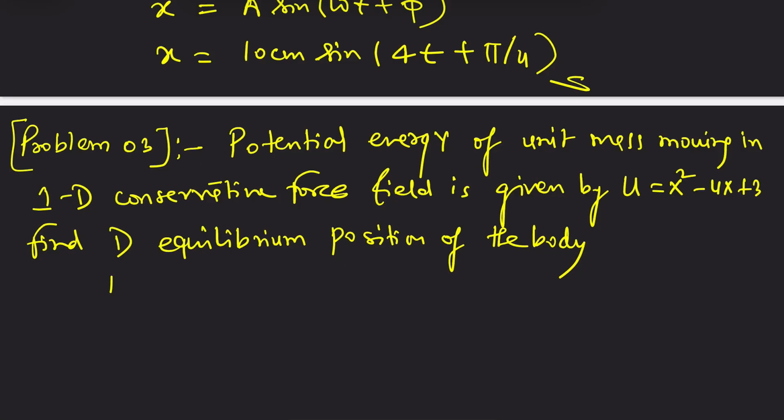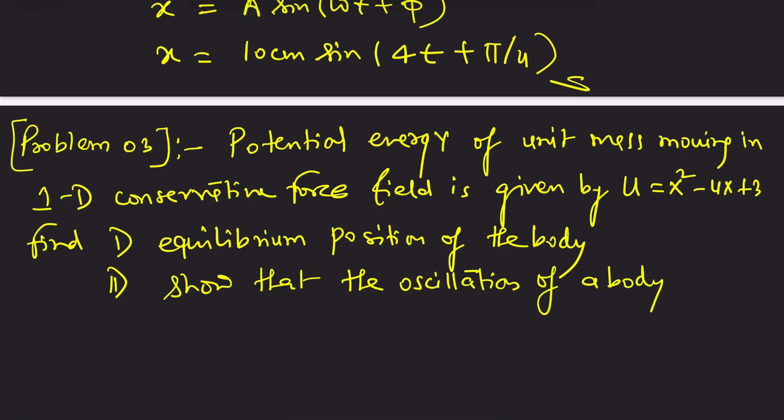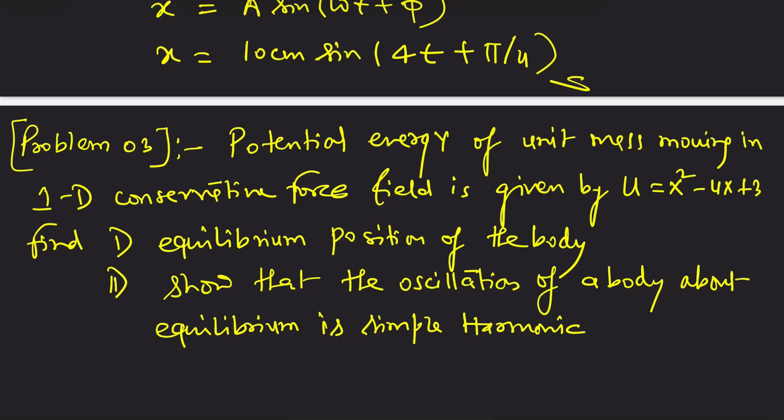Second question: show that the oscillation of a body about equilibrium is simple harmonic. And third, find its time period.